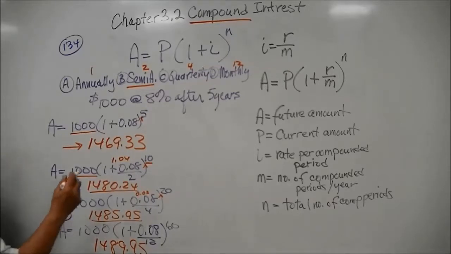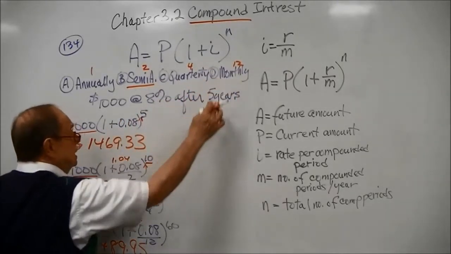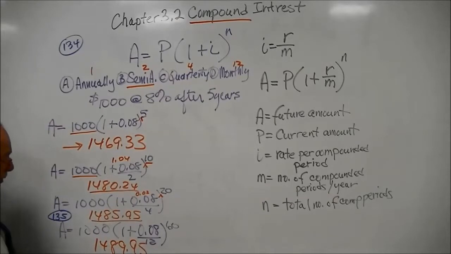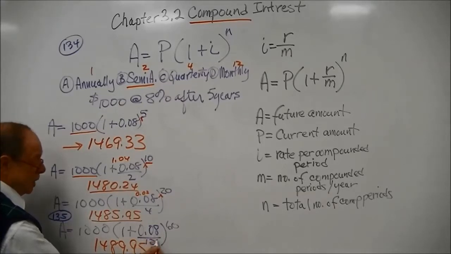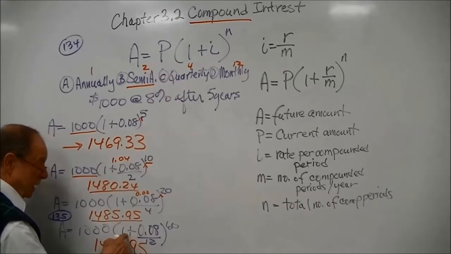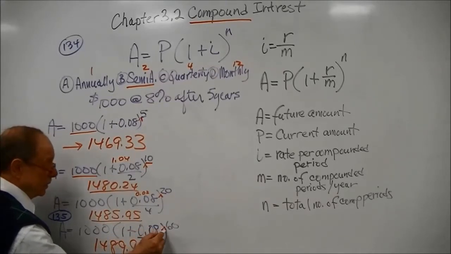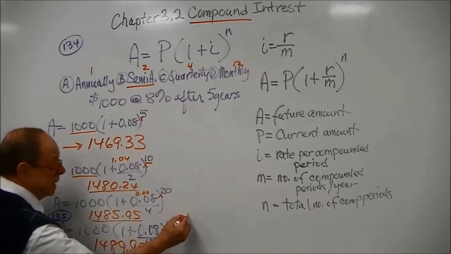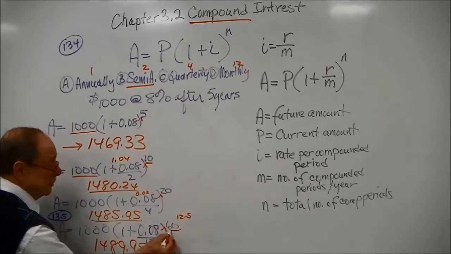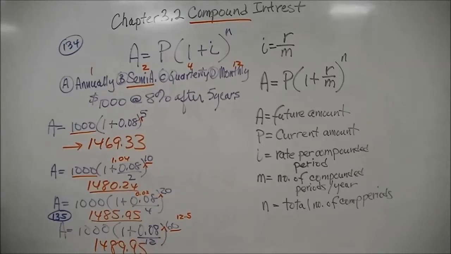And if you compound it monthly, you then get 12 for the month. You divide 0.08 by 12 on your calculator, plus 1, add the 1, then you're going to use the caret. Now remember, this is going to be 12 months times 5 years, which gives you the 60.